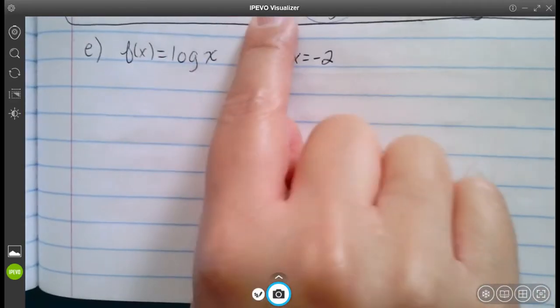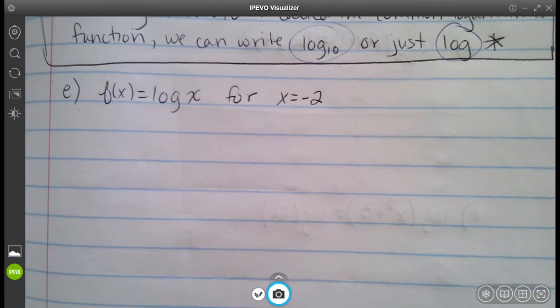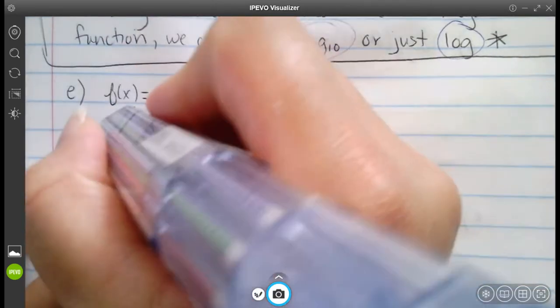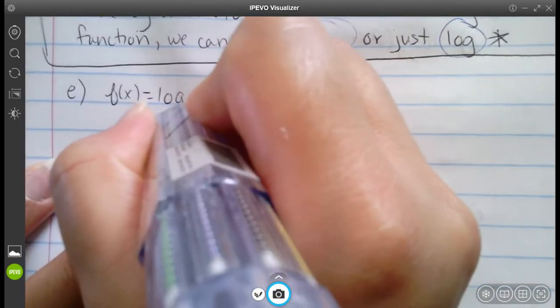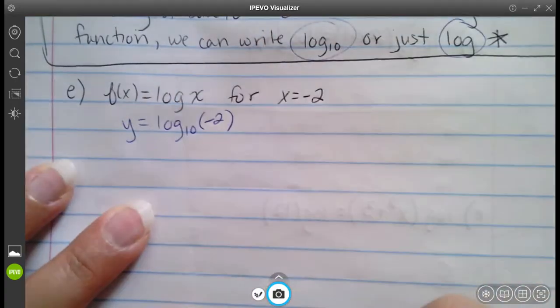We have letter E. I put it underneath because I wanted to put that box there first. So we have f of x equals log x for x equals -2. This one again, we have a base of 10. So if you want to rewrite it, y equals log base 10 of -2.